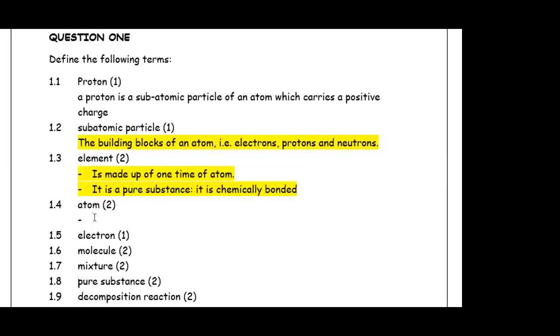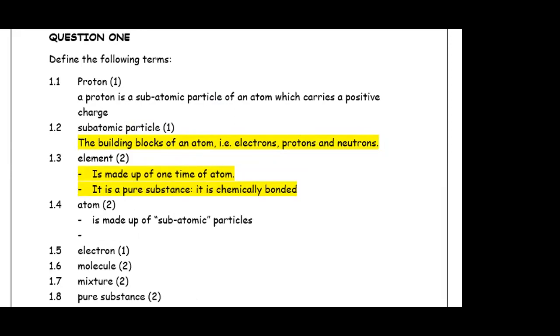An atom is made up of tiny particles. Well done. Made up of, instead of tiny particles, let's use the word subatomic particles. Okay. Okay, and what else can you tell me about an atom with regards to its size? Ma'am, it's the smallest ordinary matter. Excellent. It is the smallest particle of matter on Earth.